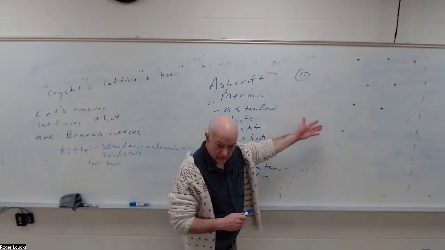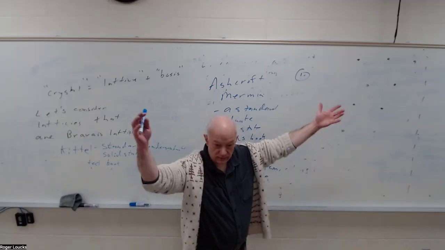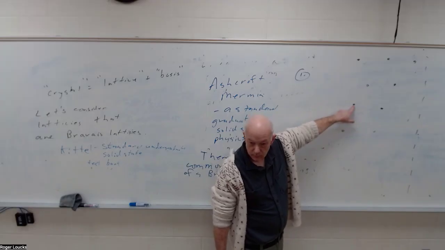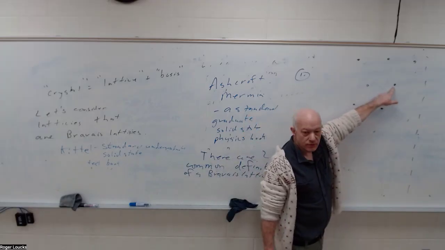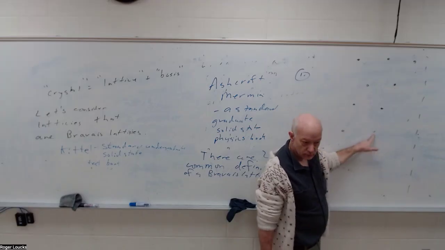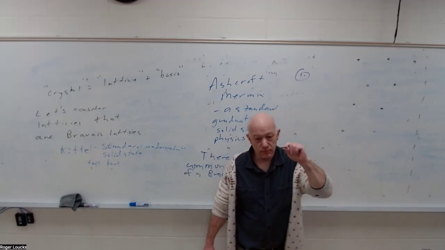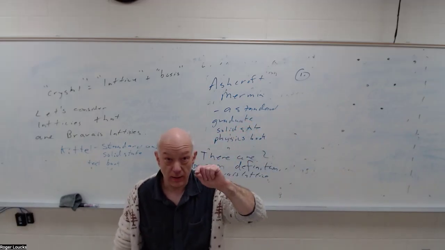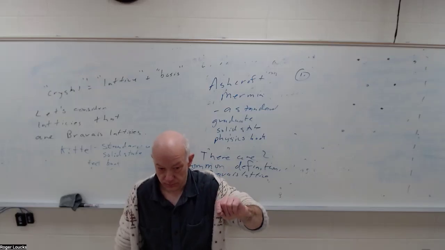So here's my Bravais lattice. It's infinite in extent. If I'm here, my crystal looks a certain way, right? What happens if I hop on this point here? It's identical. What about this point here? Same. Identical. So it doesn't matter which point on the Bravais lattice I'm at, it always looks the same.